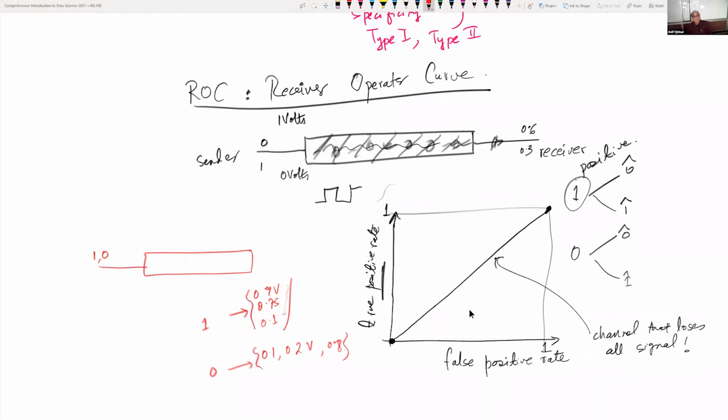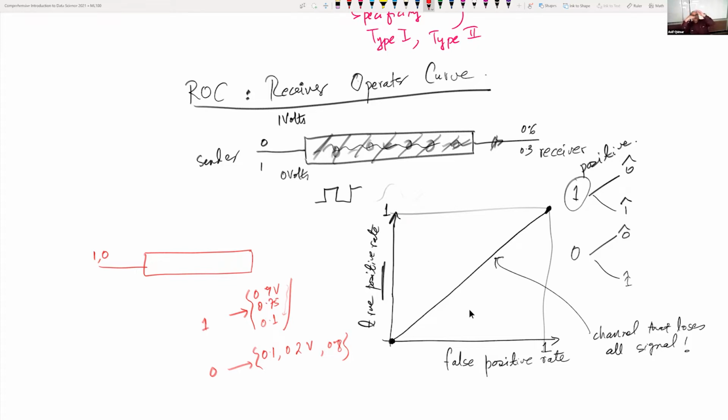So there what happens? Let's say you set the threshold to something very modest. You set the threshold to 0.6 volts or 0.7 volts, right? At 0.7 volts, what will happen? Your true positive rate will be near perfect, isn't it? Because the ones did not get pushed down any further below that.